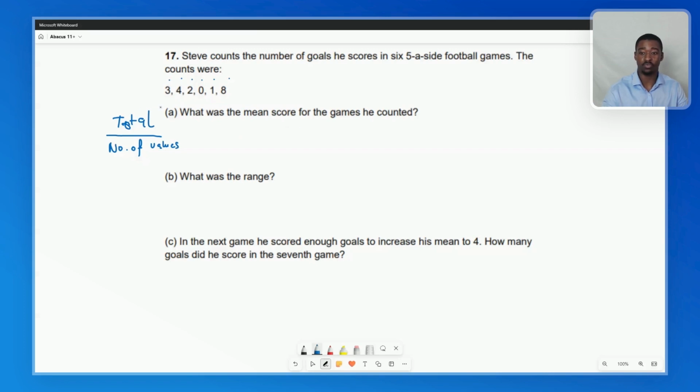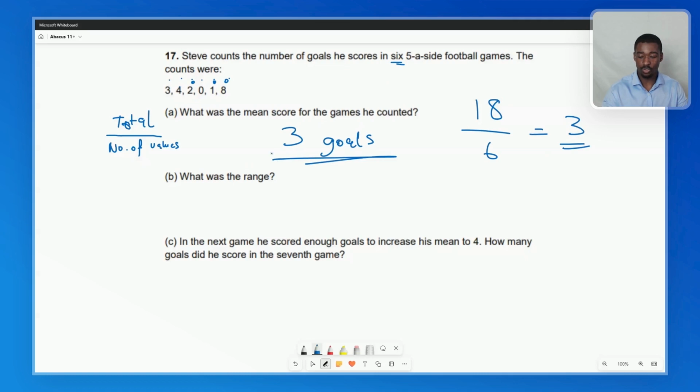Well, we have 3 plus 4 plus 2 plus 0 plus 1 plus 8. So mental maths. 7, 9, 10, 18. So total 18. How many games did he count? Well, we're told it's 6. So 18 over 6 should give us 3. So the mean score was 3 goals.